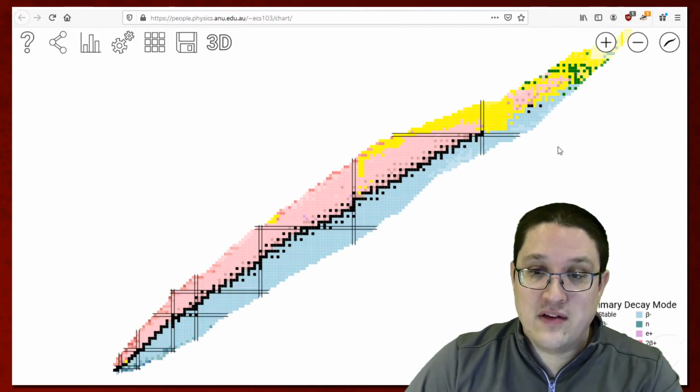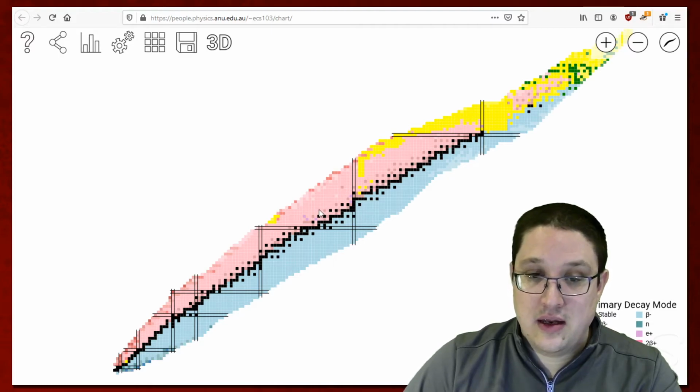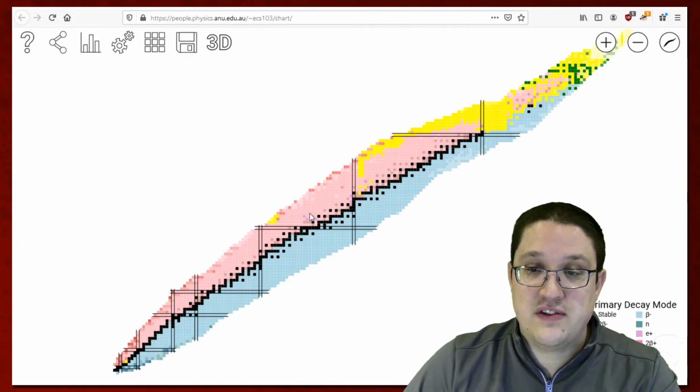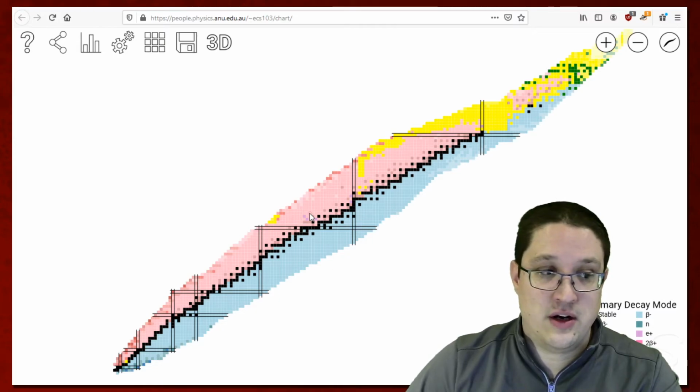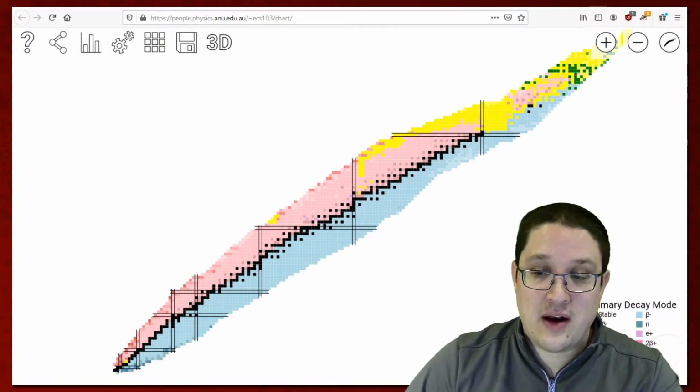I also have this bottom half here, which undergoes beta negative decay, and here undergoes beta positive decay. So I've got a bunch of different types of reactions here, my different types of decay modes that are useful for us.